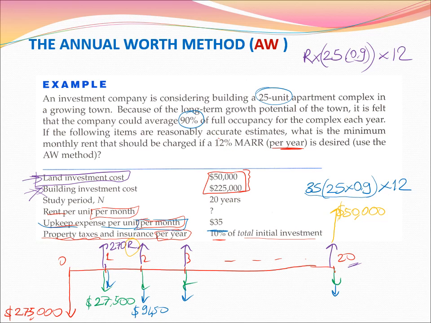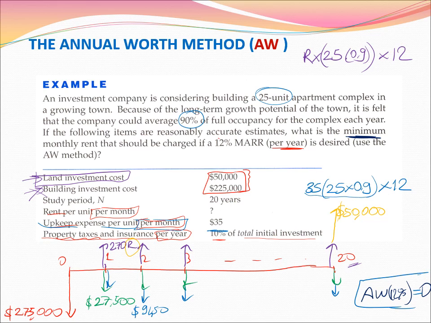We can try to find the annual worth of this cash flow using 12% as MARR, and we want this to be greater than or equal to 0, but it asks for the minimum monthly rental. So since it says minimum amount, at least this value should be equal to 0. Okay? So find the annual worth of this cash flow so that the annual worth is equal to 0. That's it. Now the question is solved.